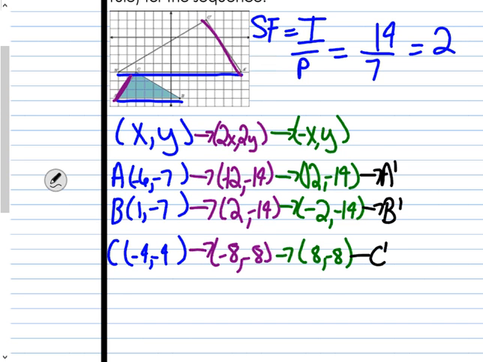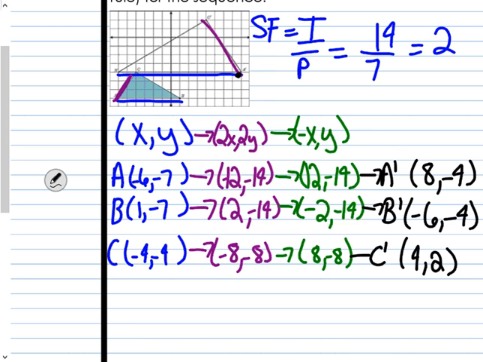A prime is at 8, -4. Right here, if you count your points, A prime is at 8, -4. B prime is at -6, -4. And C prime is at 4, 2.